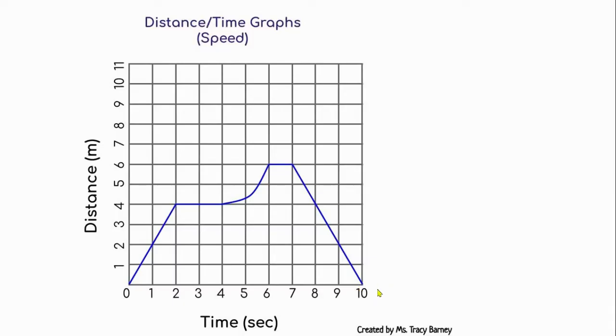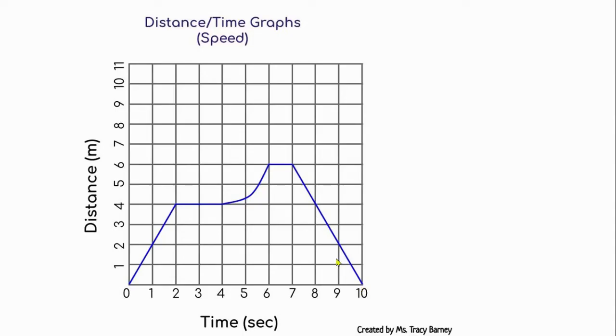So an example of this could be a person walking for 2 seconds at a constant speed, who stops for 2 seconds, then starts to increase their speed again, and then at 6 meters, that's the farthest they travel. The person takes a break for a second, and then walks back to point of origin for the remaining seconds.